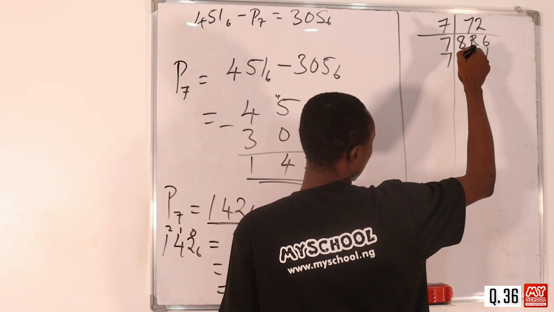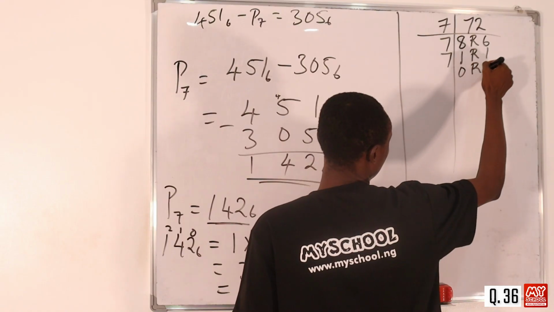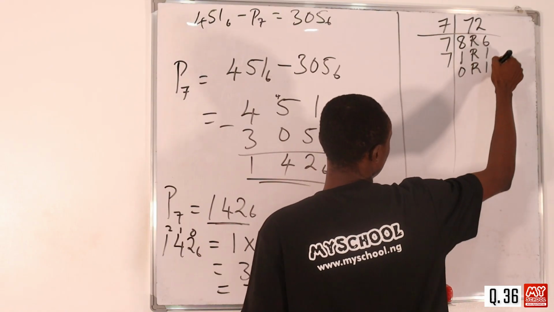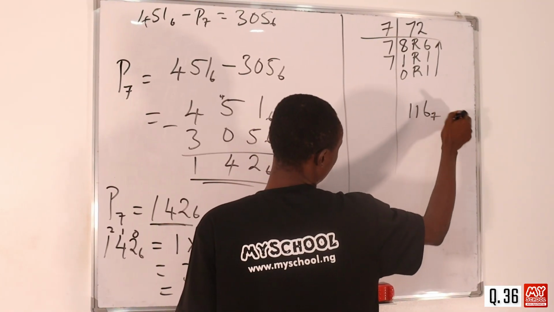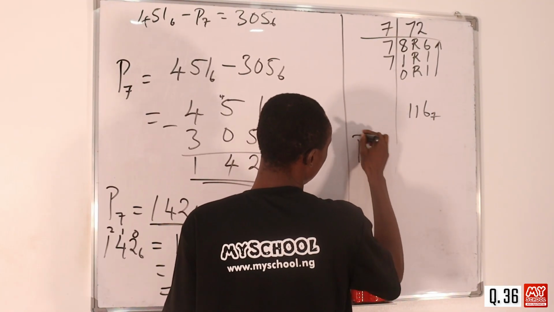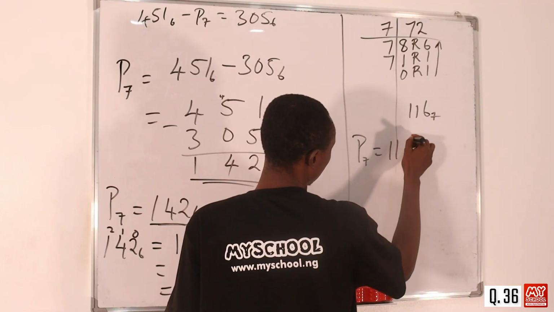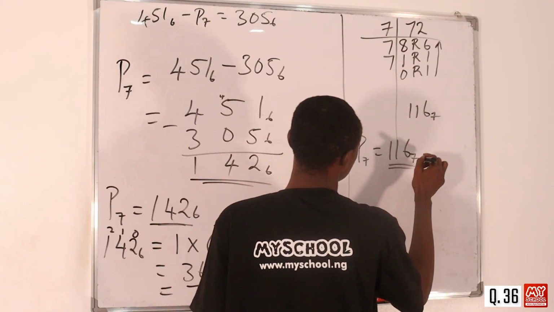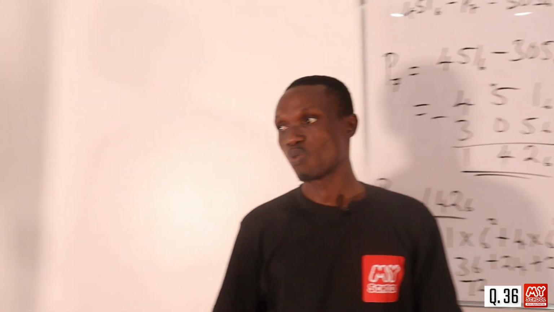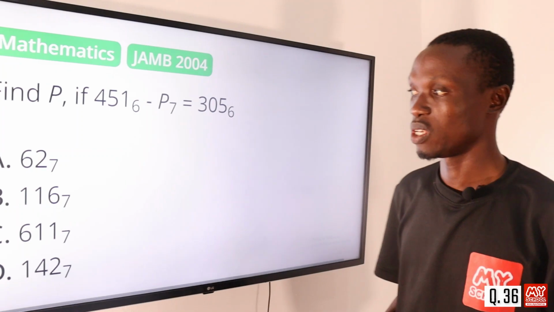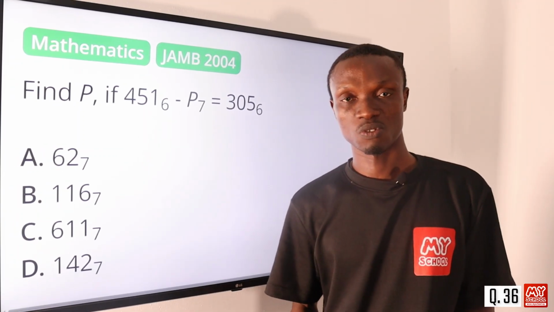Then 7 into 1 is 0, remainder 1. We read it up like this, so we have 116 in base 7, meaning that P in base 7 is equal to 116 base 7. So let's return to the screen to pick the correct answer, and that is option B, 116 in base 7.